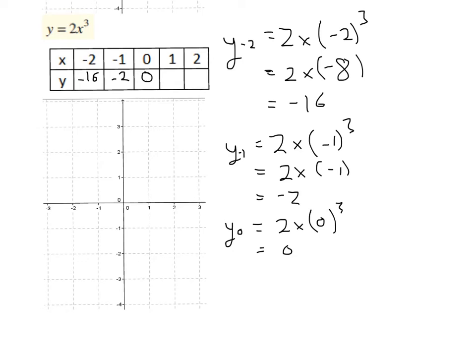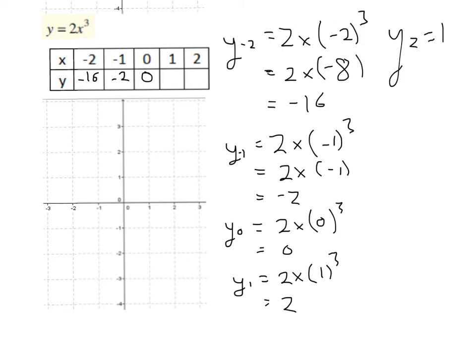So that's going to be the point there. It's at the origin. For y, when x is equal to 1, we're going to have 2 times 1 to the power of 3, which is just 2. And you can probably guess from our answer for x equals minus 2, because it was minus 16, the value of y when x is positive 2, it is positive 16. So I'll just fill in the table there.